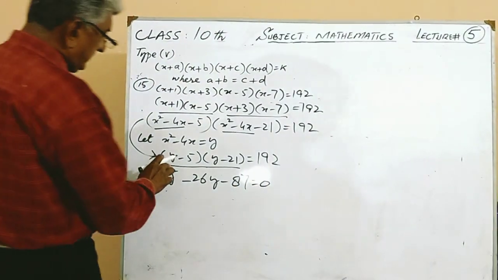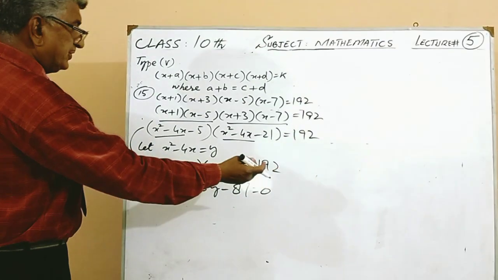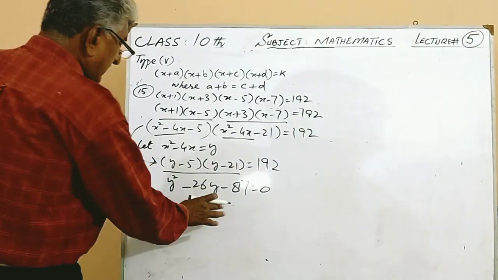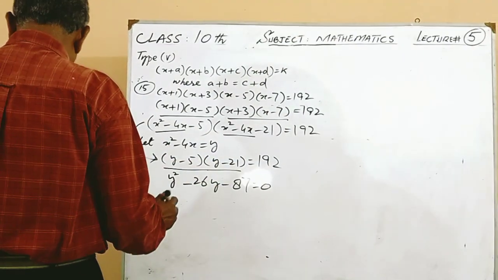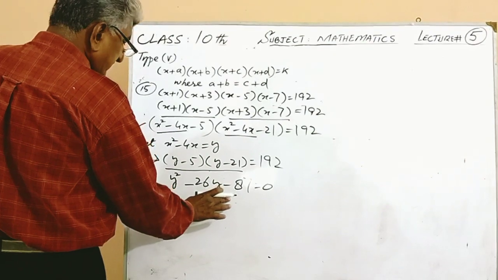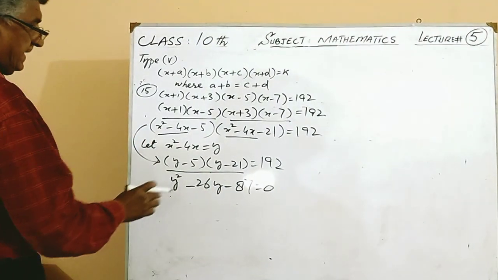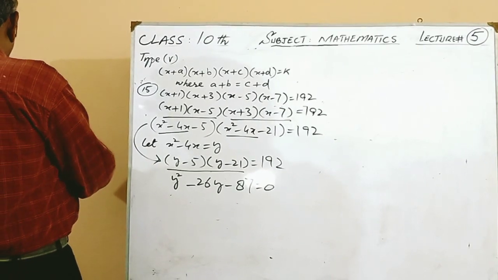After simplification, multiplying these two brackets and then bringing this 192 towards the left, you will get this. This is the simplified form of this equation. Now you can factorize this quadratic equation, and after factorization you will get the two values of y.